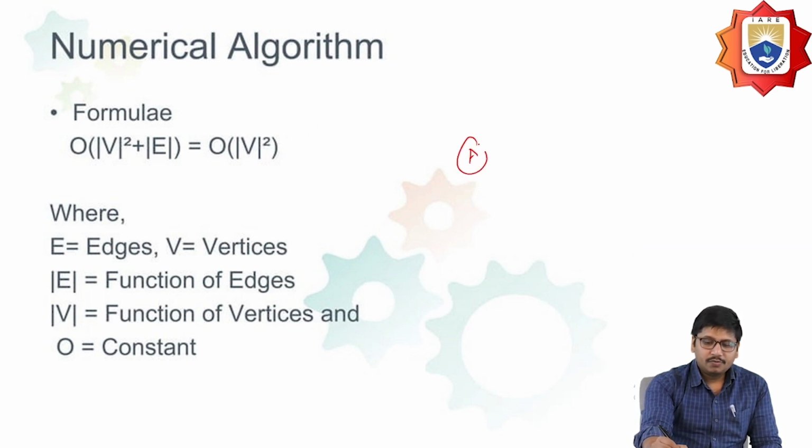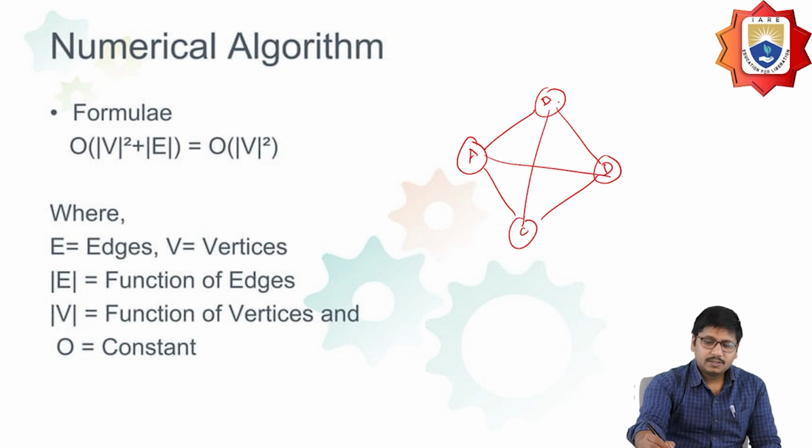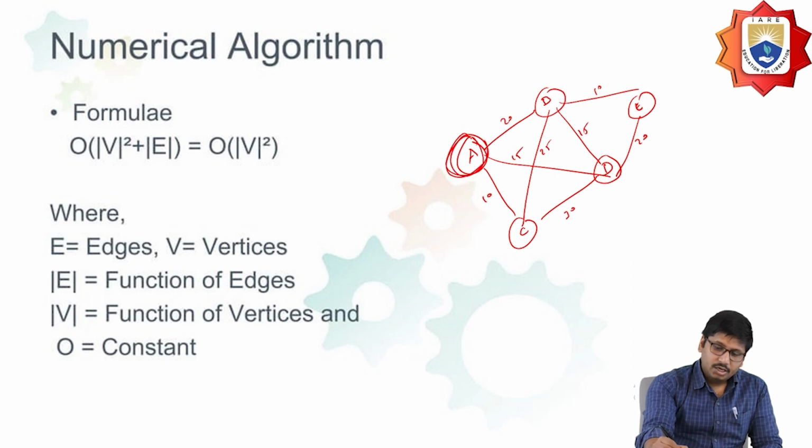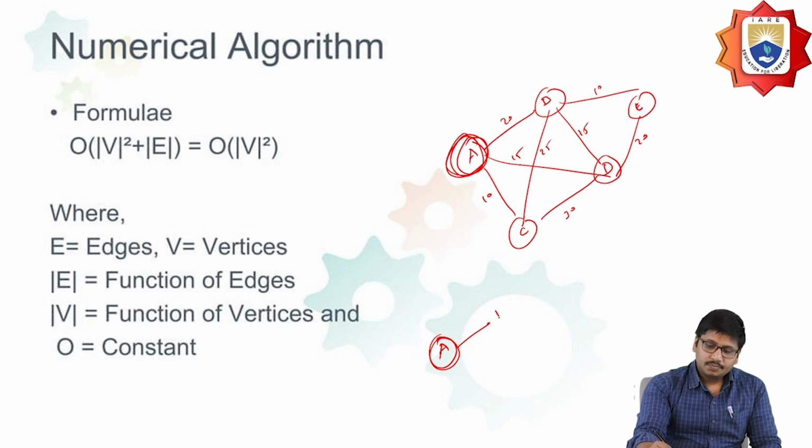Suppose I have cities like this, with costs 10, 20, 15, 25, 30, 50, 10, 20. For the single source shortest path, one has to find the minimum from a chosen vertex. So we choose one vertex here. From this vertex, what is the minimum path I have to find here?